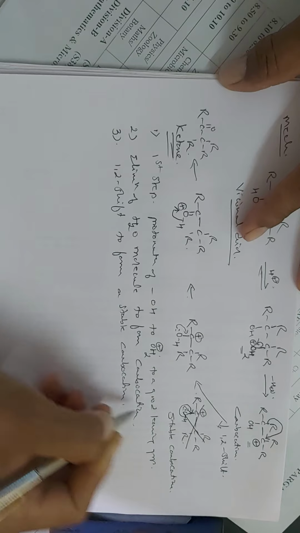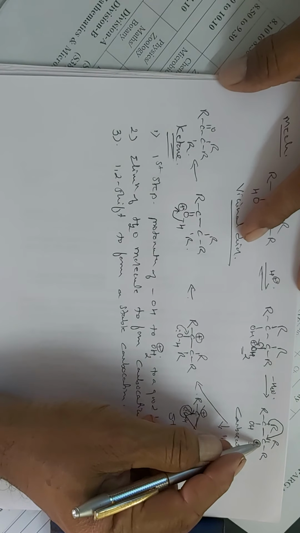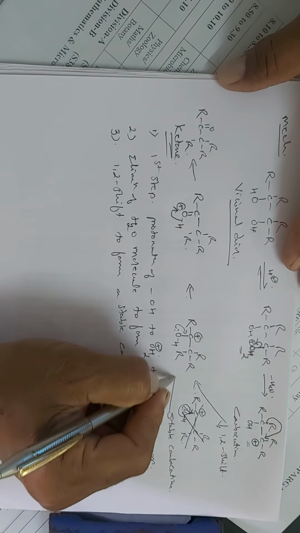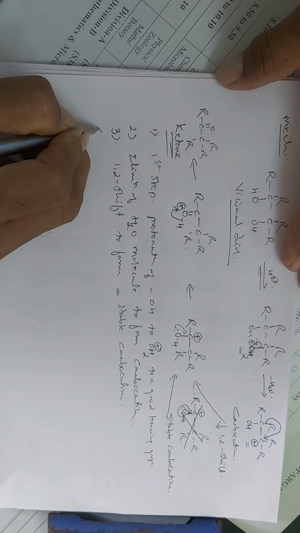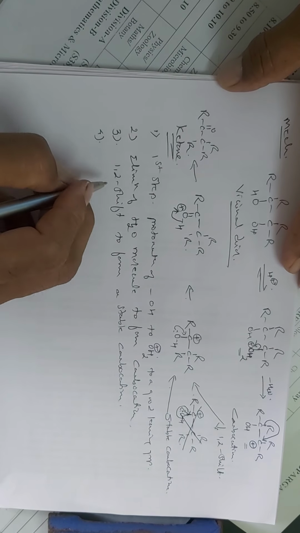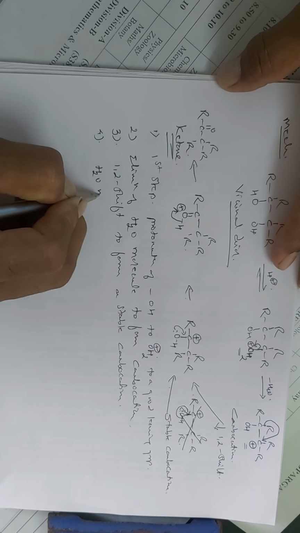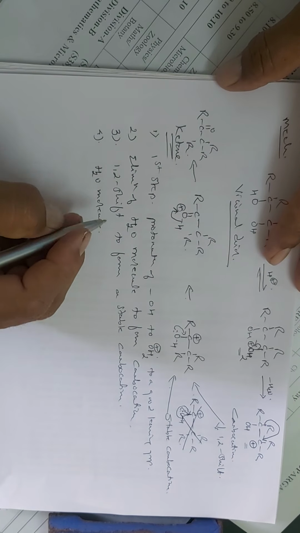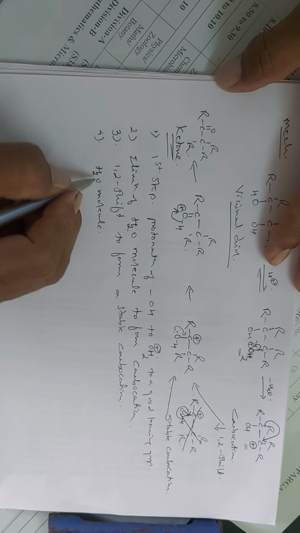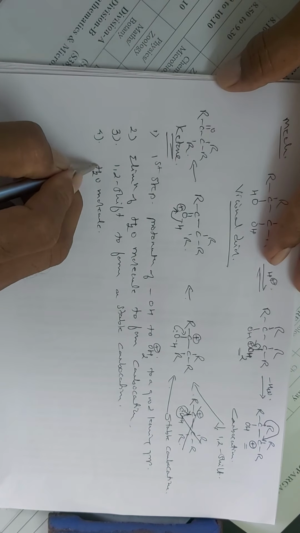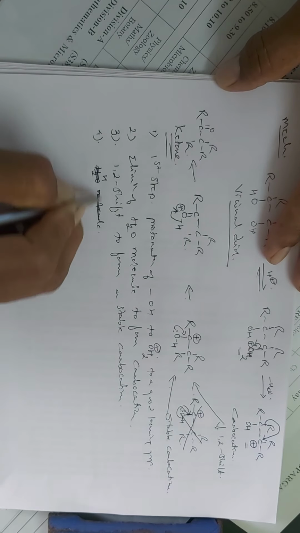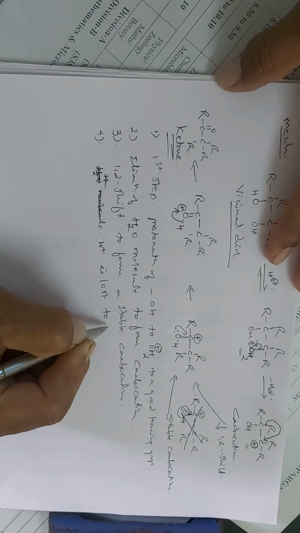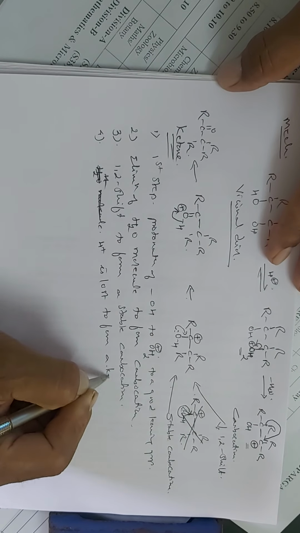This undergoes a 1,2 shift, meaning this alkyl group is shifted to this carbocation, and with this you get a stable carbocation. Then H plus is lost to form a ketone.